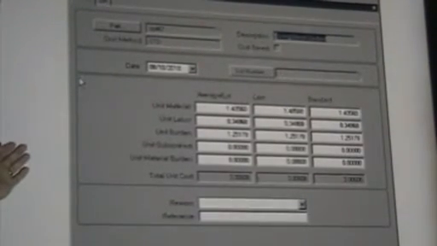Do you remember the part number? The 467 we were on. CP 467. This table's empty until you do a roll-up.